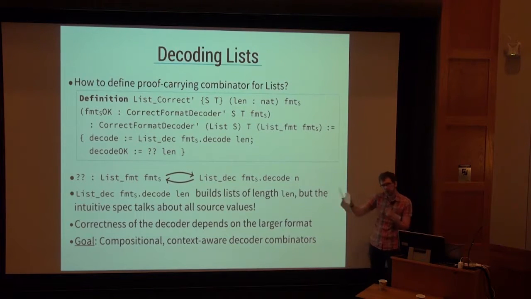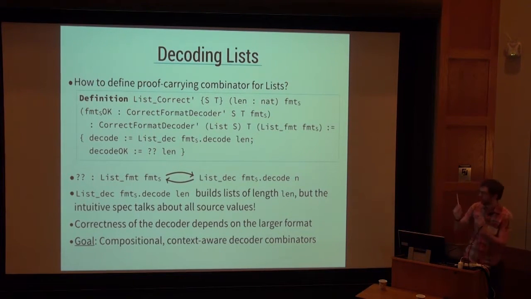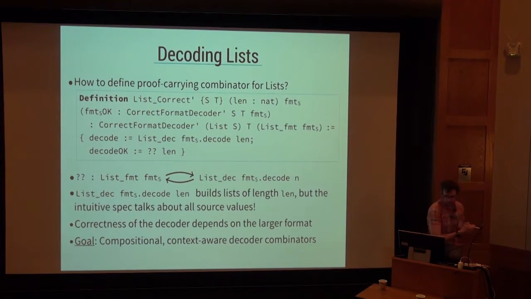And in particular, it needs to use the length of the original source payload in order to be correct. And it's going to be dependent. So the correctness of this particular combinator cannot be established in isolation. It can only be established in the context of a larger format, which is sort of a shame, because as we said before, what we really want are compositional decoders. So what we need are some sort of compositional context-aware decoder combinators. Okay, so how are we going to do that?